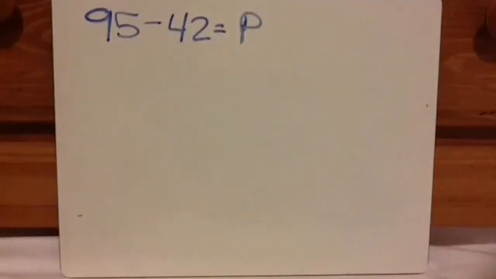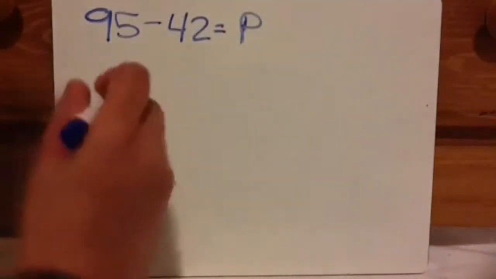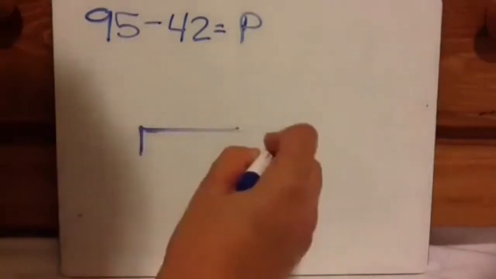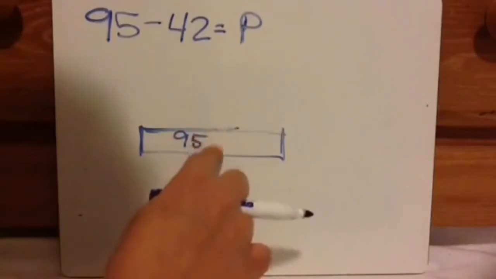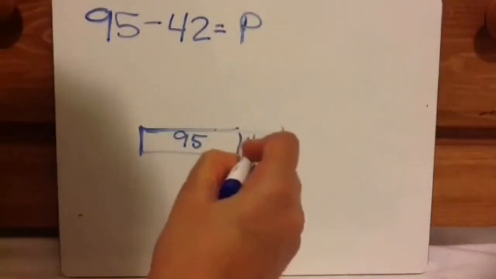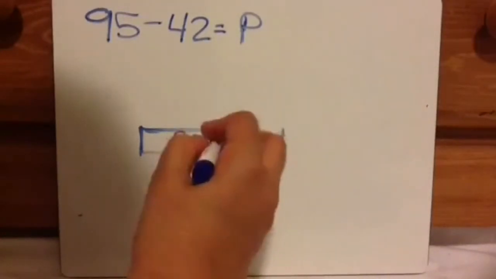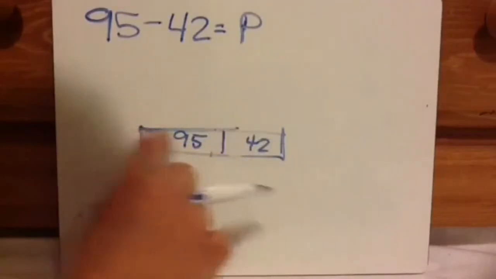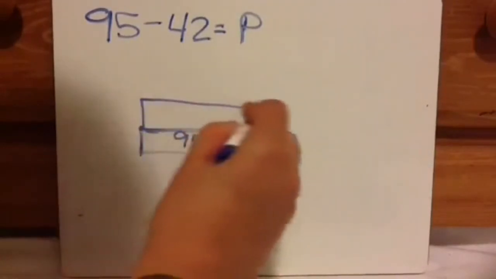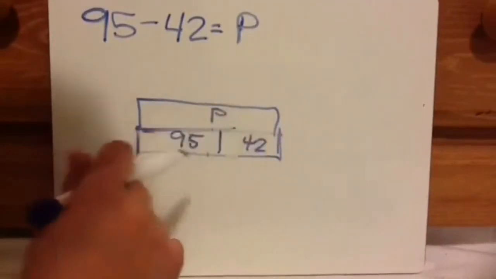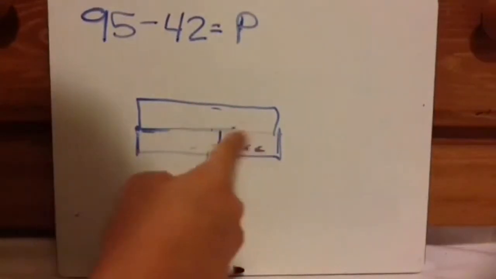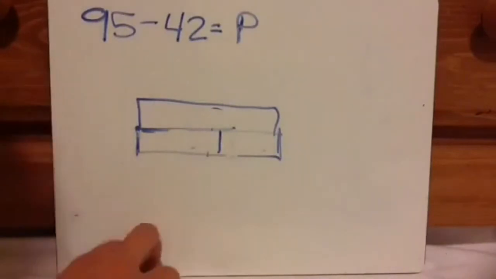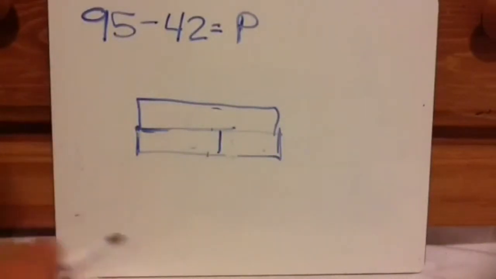So this is different because if I use the addition model, sorry, 95 is more than 42. If I use the addition model, this looks like saying 95 and 42 together make this number. When you know 95 is what you start with, 42 is what you're taking away, what is left.